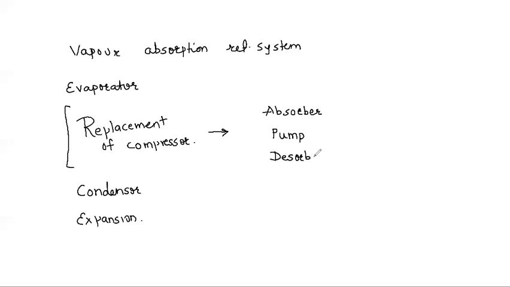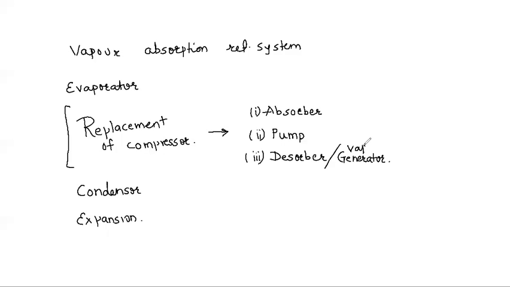So replacing the compressor, we have an absorber, followed by a pump, followed by a desorber. You also have a name called vapor generator for the desorber, so the generator means vapor generator.